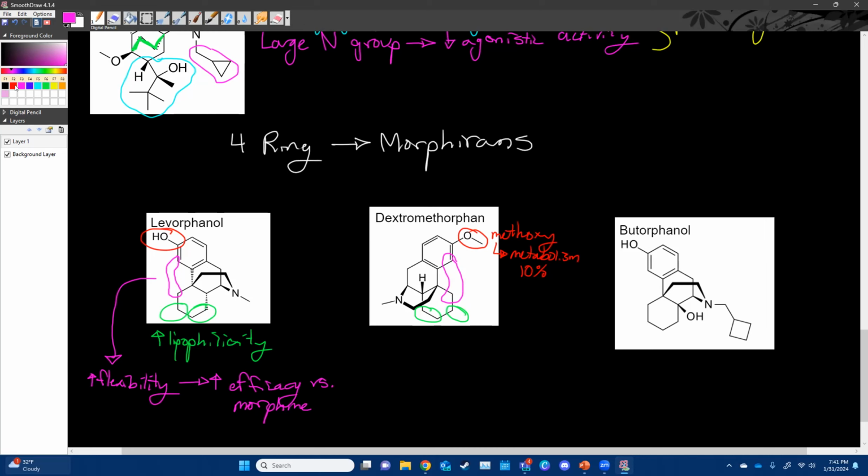Then finally, with butorphanol, all we are doing is taking levorphanol, adding in that C14 for mu activity, but then we're adding this bulky group.